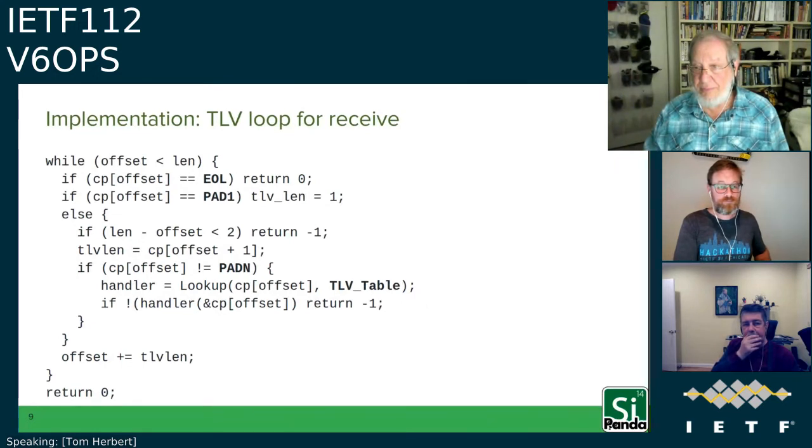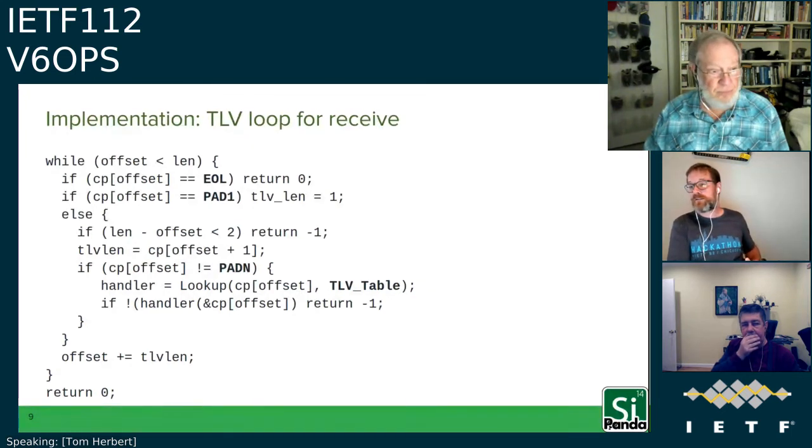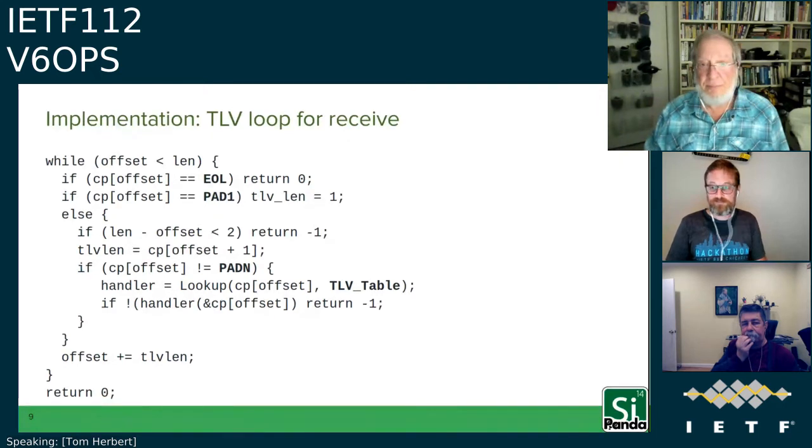I included end of list, which obviously is not applicable to hop-by-hop and destination options, but for instance would be for TCP options, I believe. End of list just means stop option processing, get out of the loop. Pad 1 is single byte padding, usually type 0. In that case, we just skip over it.